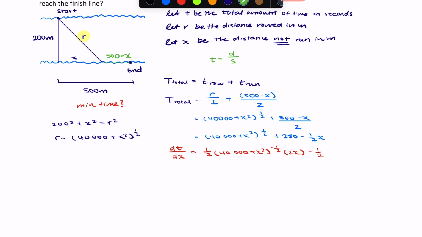Here, the 2x, we can simplify the 2 and the 1/2. So here we can rewrite it as x over square root 40,000 plus x squared minus 1 over 2.